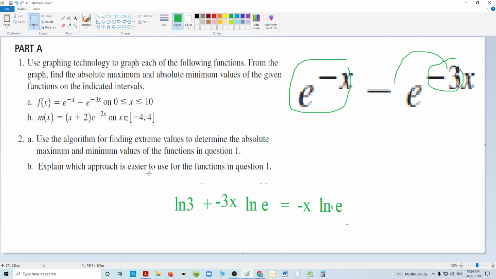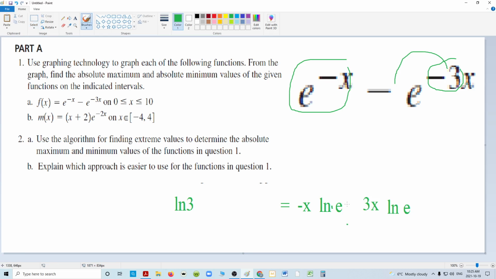You want to get all your x's on the same side, so we'll bring this 3x to the other side by, oh, it's not plus minus 3x, it's minus 3x. And we'll now bring it to this side and change it to plus by adding it.